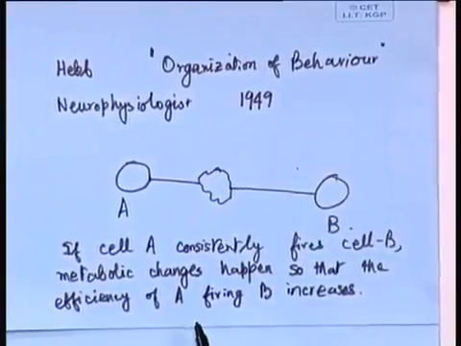I am not writing the reverse of that, but the reverse is also true. If cell A does not fire cell B, in that case that synaptic connection should be weakened. The metabolic changes will be such that the synaptic connection will be weakened, and ultimately the synaptic connection could be lost also.